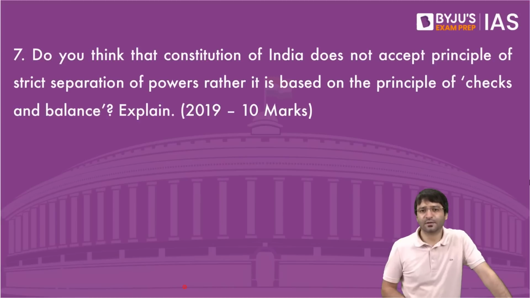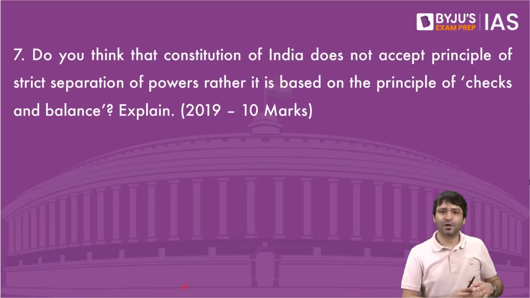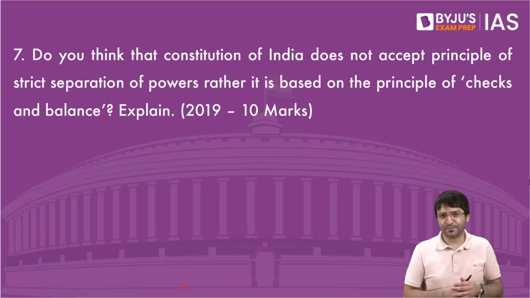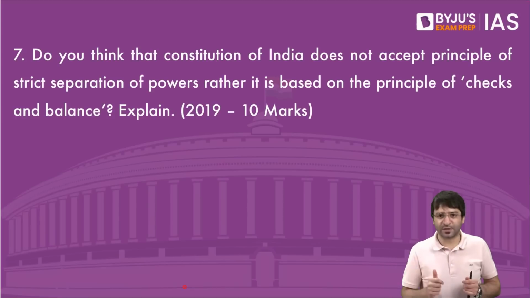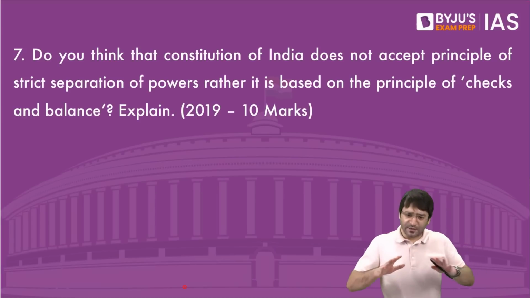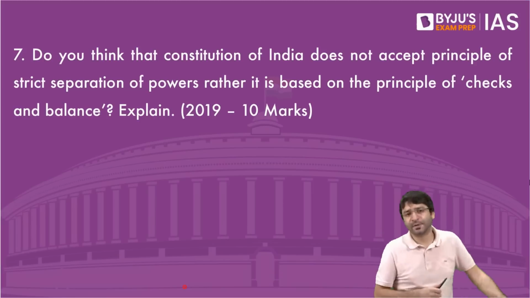Explain. The theory of separation of powers, as attributed to French philosopher Montesquieu, talks about separation of powers amongst the three organs of the state, where one organ cannot influence the other organ, one organ cannot take away or take over the role performed by the other organ, which means all the three organs will perform their task based on their own strengths, under their own domain, and one organ will not influence the other organ.